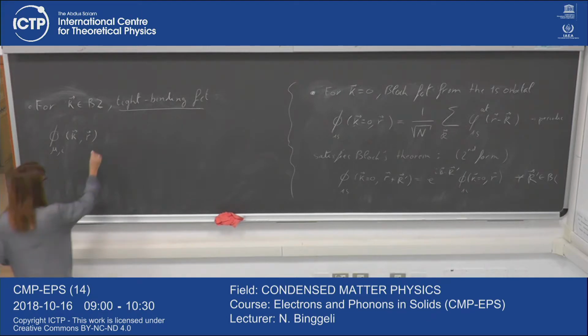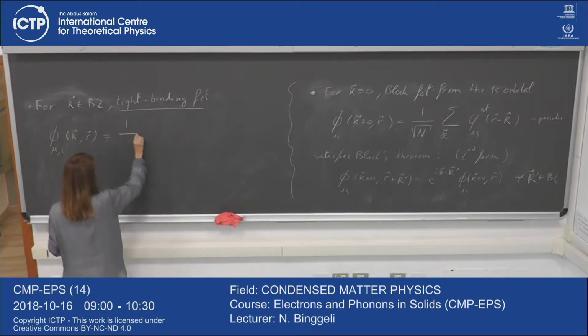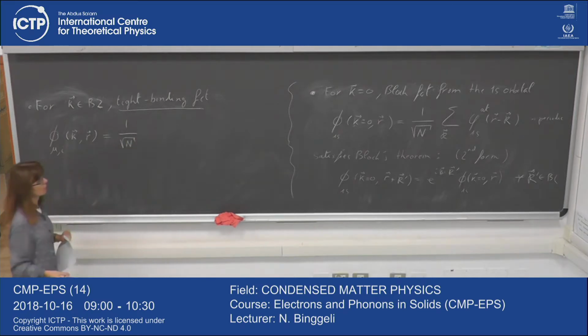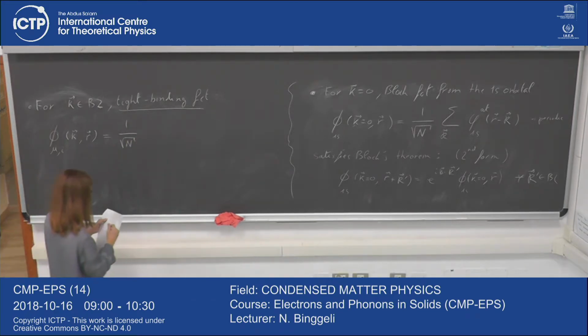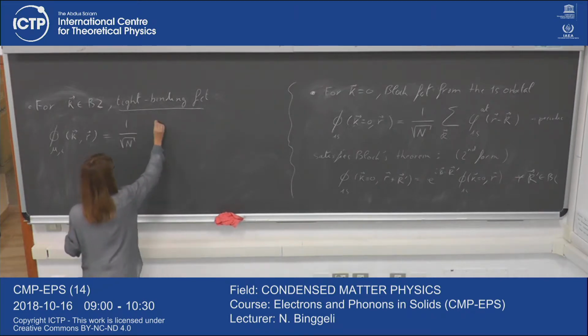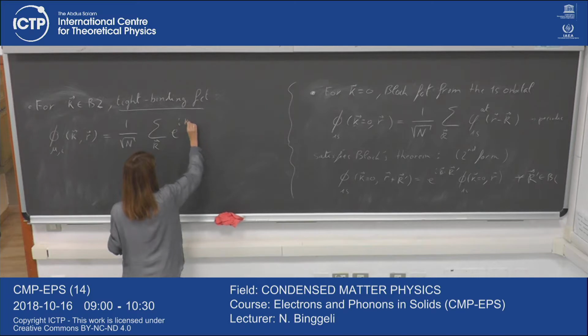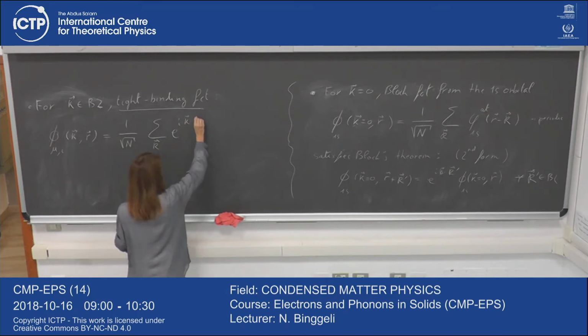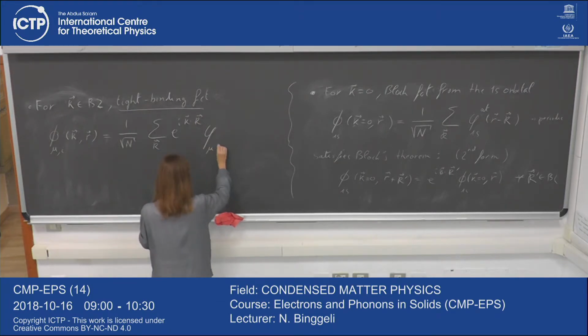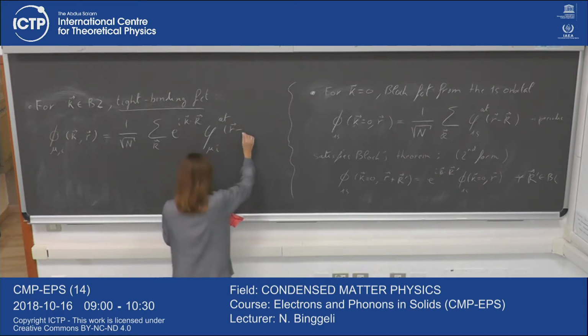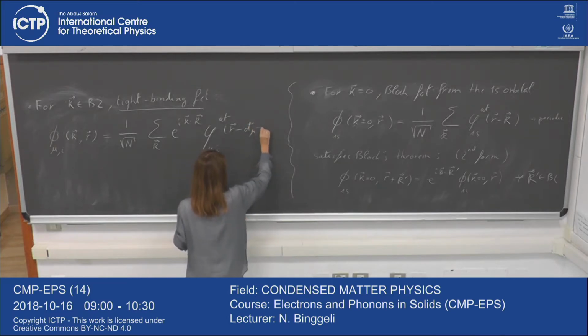So my Bloch state, I can write it as 1 over the square root of the number of unit cells, sum over the Bravais lattice vectors R, exponential ik times R, phi mu i atomic of r minus d mu minus capital R.